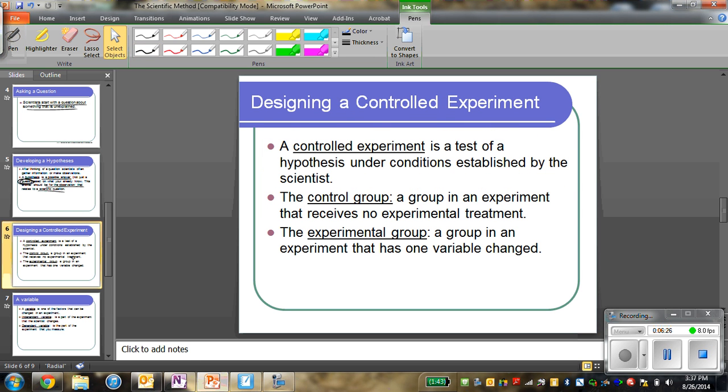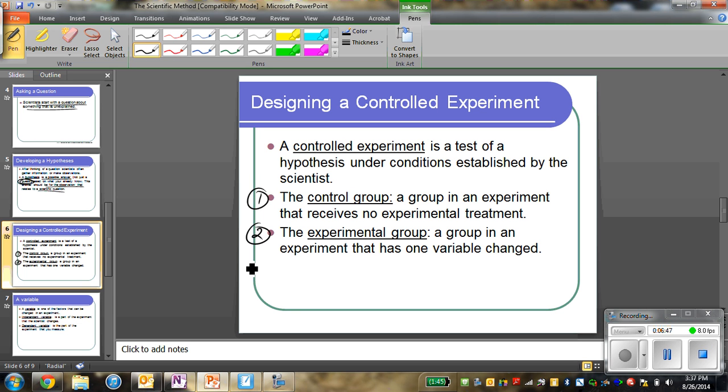All right, moving on. We then design an experiment. The controlled experiment is really important for testing a hypothesis because you've got to really know what is affecting the plants. All right? So in a controlled experiment, you divide up your experiment into two groups.